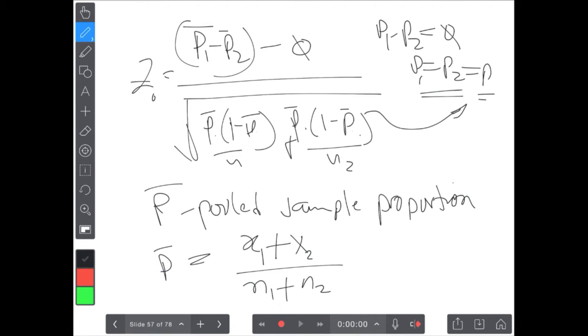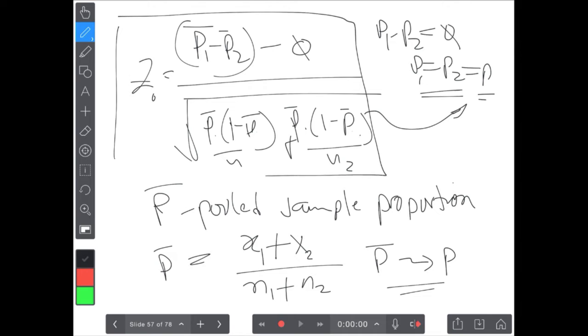So when we combine those together, we get p bar, which will just be a single estimate, and then we will use p bar to estimate for us p. All right? So that's why we will have this as our test statistic, whenever in the null hypothesis we assume that the difference is 0.